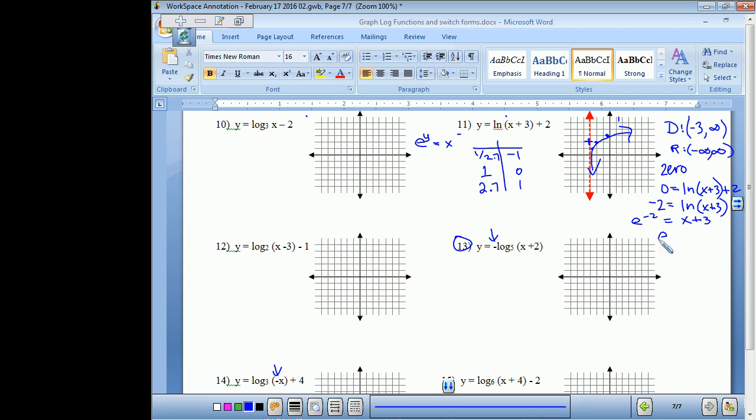So we subtract 3 and we get that x equals e to the negative 2 minus 3. Or you could write that as 1 over e squared minus 3, because e to the negative 2 is 1 over e squared. Is that the 0? That is the exact 0.